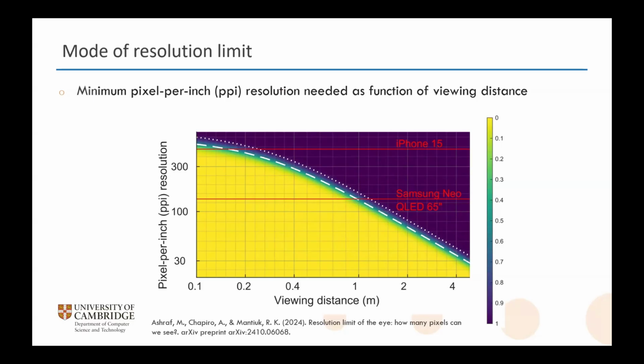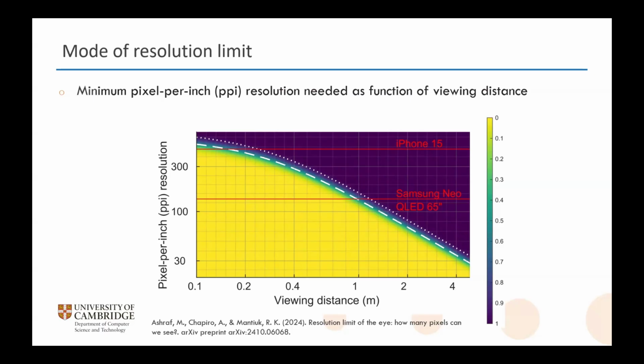So here we benchmarked some devices, for example, a Samsung device. Using this, you can see that if the viewing distance is less than 1 meter, then humans would be able to see display artifacts. But if it's above 1 meter, we won't be able to see them. So this was benchmarking, but then you could also use it to build future devices.